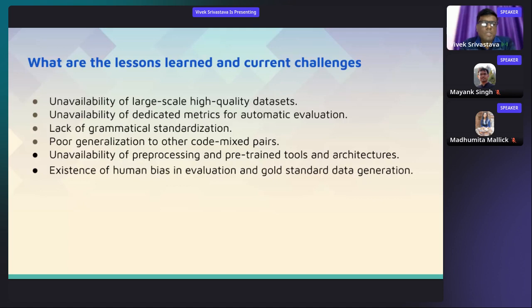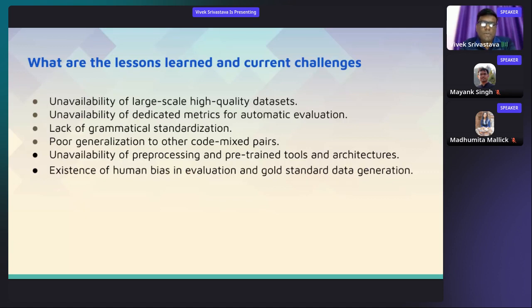Again, the problem is with how the sentences are being written, the grammatical standardization, and because of that, we need high scale pre-processing or pre-trained tools even to do basic tasks such as POS tagging or language identification, which is still missing from the literature. There are works around that.